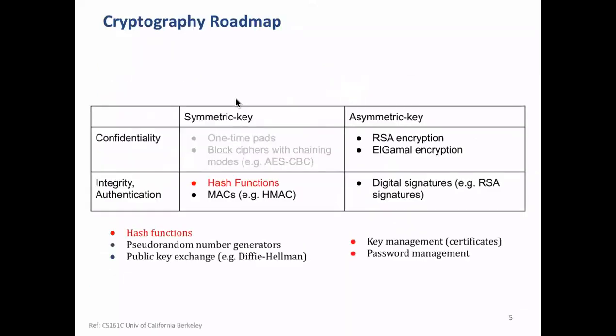So this is where we are in the cryptography roadmap. We are still in symmetric key encryption. And we understand the concept of symmetric key, right? There are two entities, say Alice and Bob, and they want to send a document or message with the primary aim of having confidentiality.